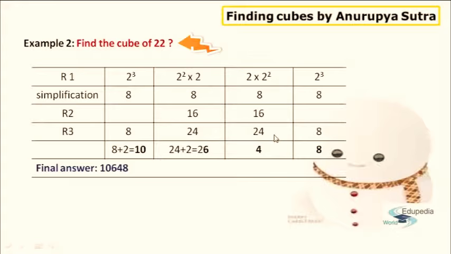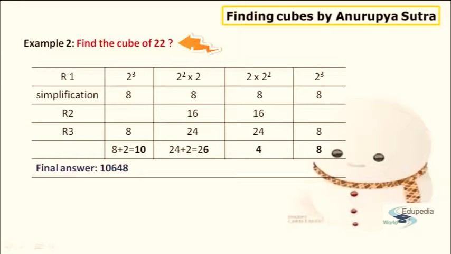By adding these two numbers, we get 24 as the answer, and I have written it over here in the third row. Moving to the second part, here we have 8 and 16. By adding these two numbers, we get 24 as the answer, and I have written it in the third row like this. Now finally moving to the first part, here we don't have any other numbers to add, so I have written the number 8 as it is in the answer like this.